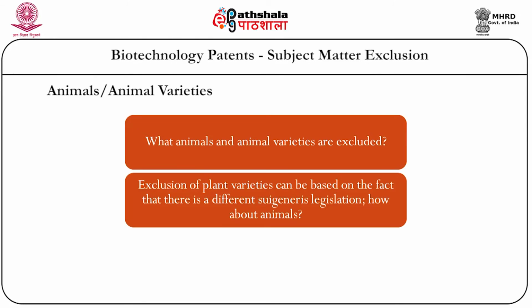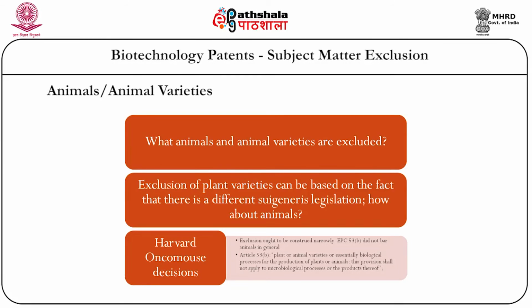The exclusion of plant varieties can be based on the fact that there are different sui generis legislations, but what about animals? In this case, the Harvard Onco mouse decision, the Harvard Onco mouse is a genetically modified organism which was already patented in the United States, but whether it would be patentable under Article 53 of the European Patent Convention was a question.